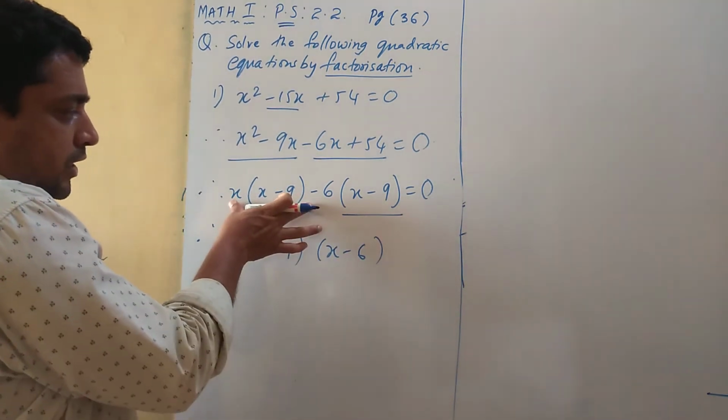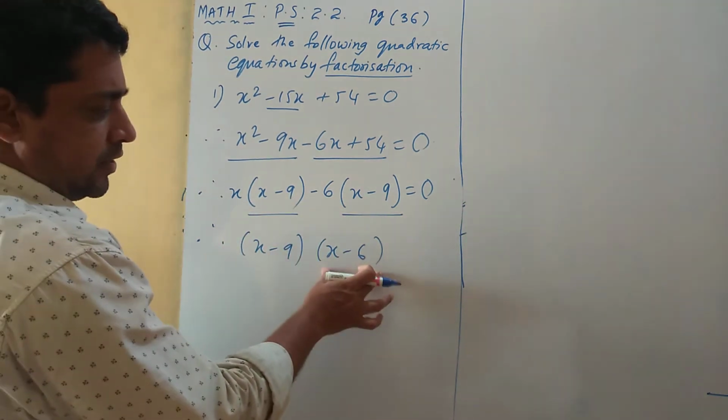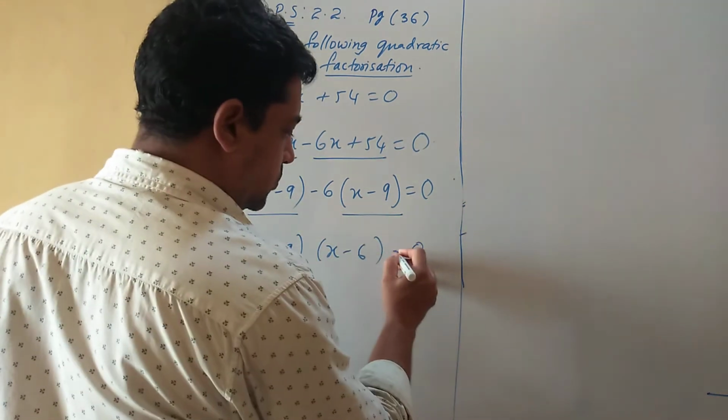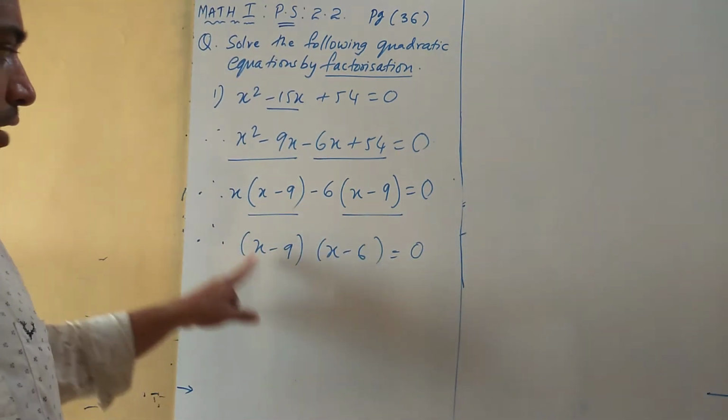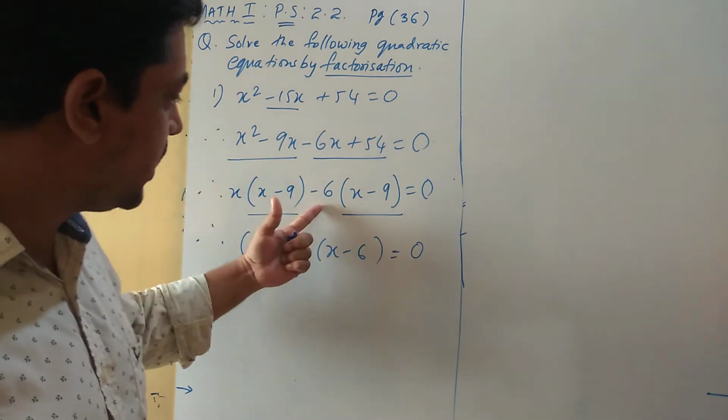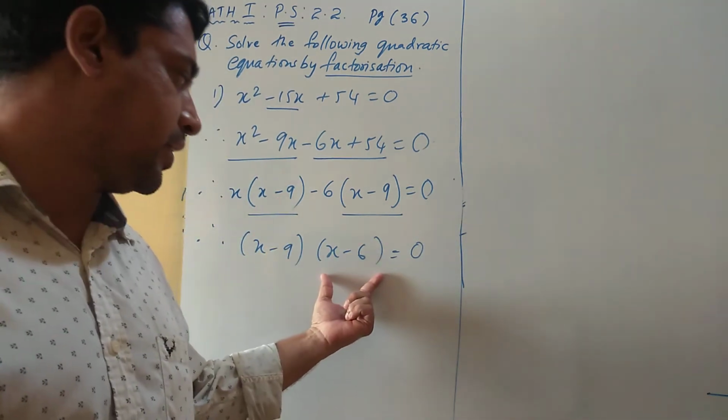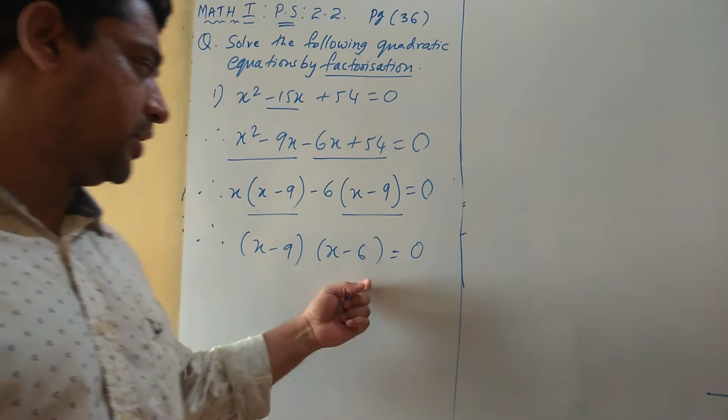Whatever is uncommon, I'll write it in the second bracket is equal to 0. I repeat, I find x minus 9 common, so I've written x minus 9. Whatever is uncommon now, x and minus 6, it will go in your second bracket. Okay, so we have got 2 factors now.